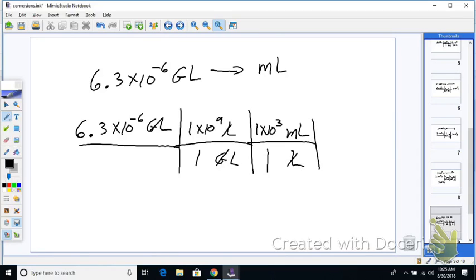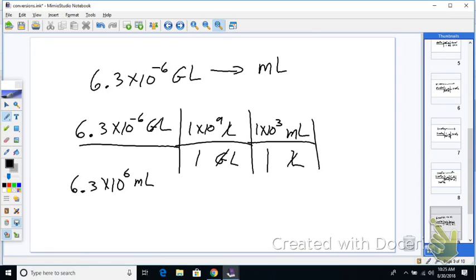So basically, you're taking the exponent of a minus 3 plus 12. So your answer is going to be times 10 to the what? 6, right? And that's milliliters.